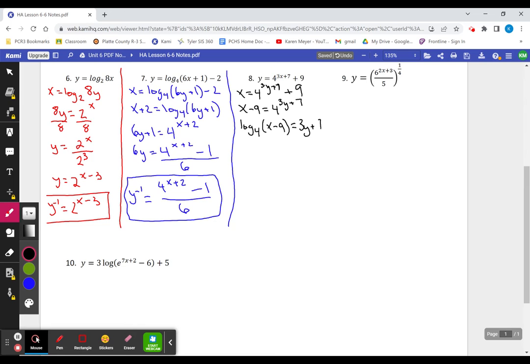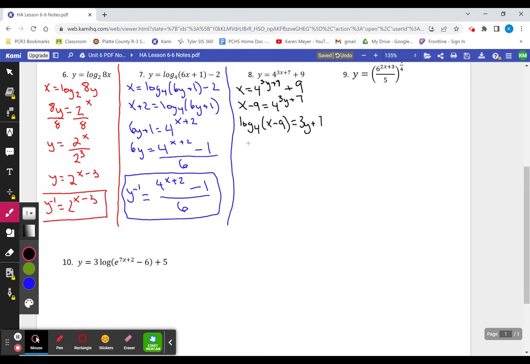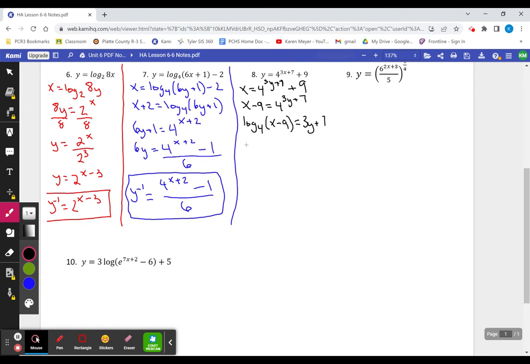Now my job is just to get y by itself. So I'm going to subtract the 7 over. So you're going to have minus 7 over there. Now, please do not try to combine the minus 9 and the minus 7. We are not allowed to do that because the minus 9 is grouped there with the x and the minus 7 is not.